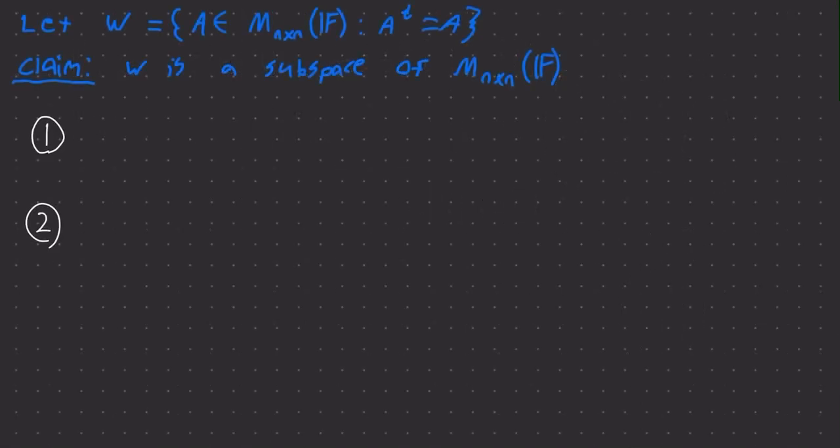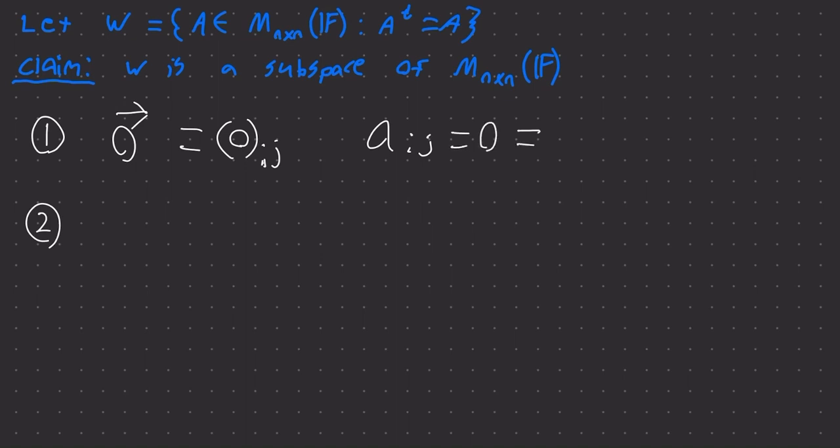Now that we know what the zero matrix is, let's check the first step. The first thing to do is check that the zero vector exists. So the zero vector equals 0_ij, defining that every position is 0. So A_ij equals 0 equals A_ji. When you take the transpose of the zero matrix, let's say we have 0, 0, 0, 0, what is the transpose of that?